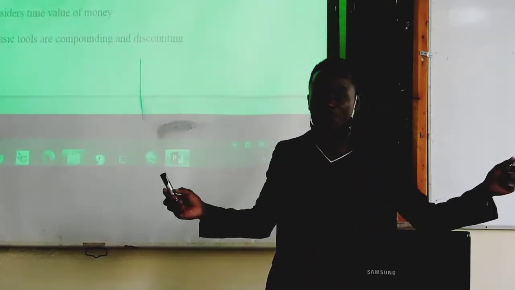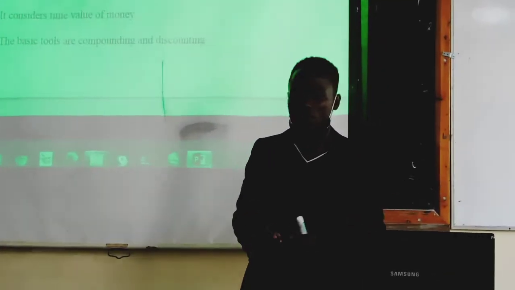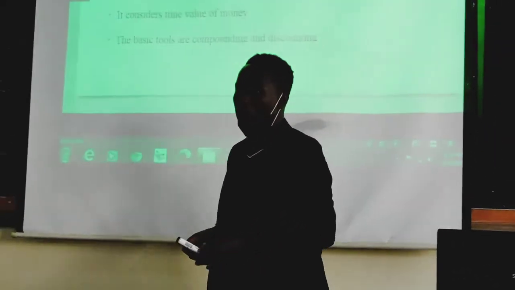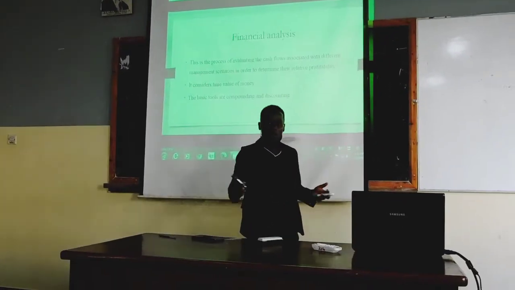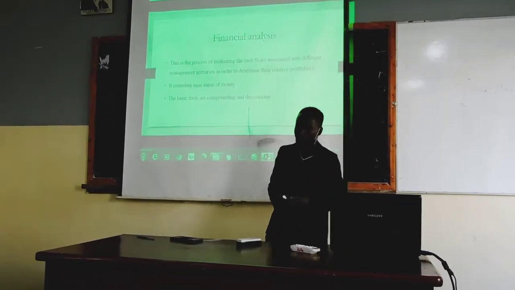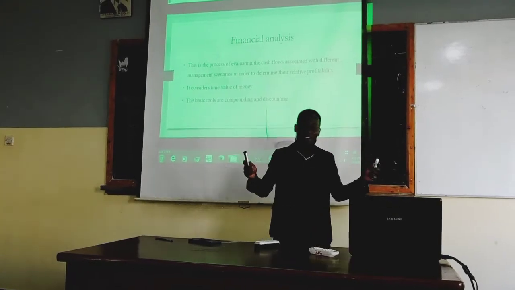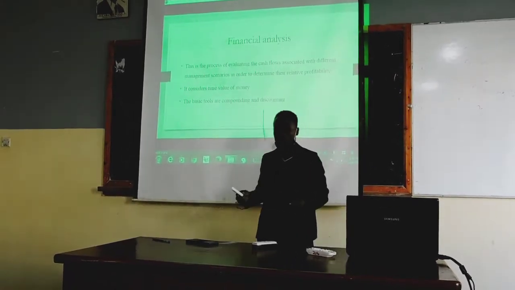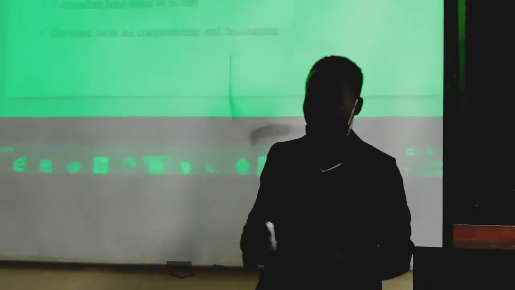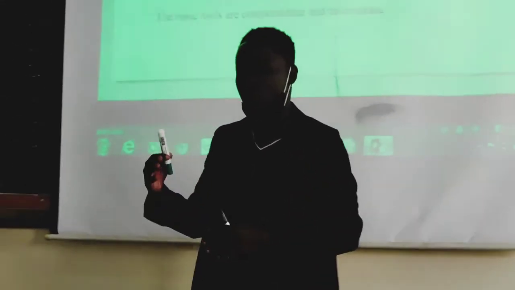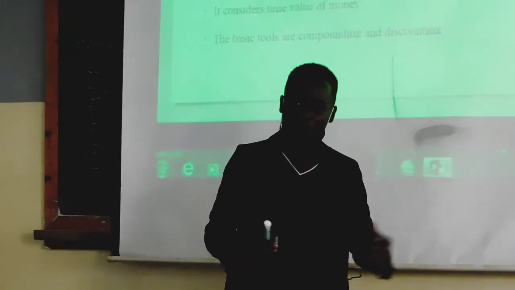What is the difference between compounding and discounting? Compounding is the process of obtaining a future value given an amount of present value. Take an example. The amount of money now cannot be the same amount of money after maybe 10 or 15 years, because of the value of money.